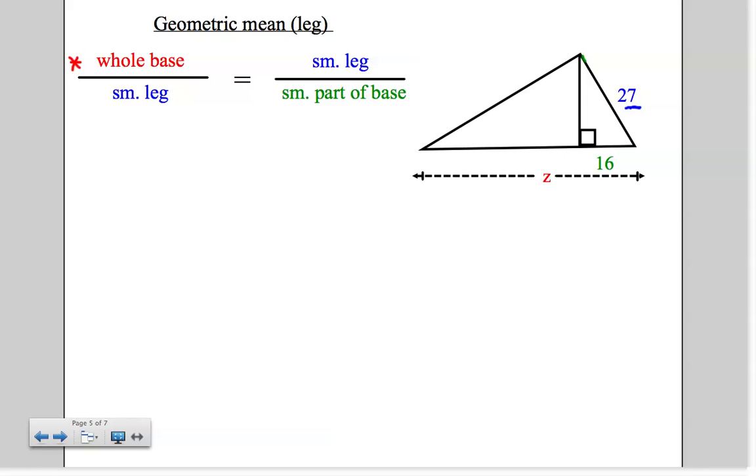So my whole base is represented by this whole distance here, or Z. My small leg is represented by the 27. So Z over 27 equals 27 over the small part of my base. In this case, it's 16.